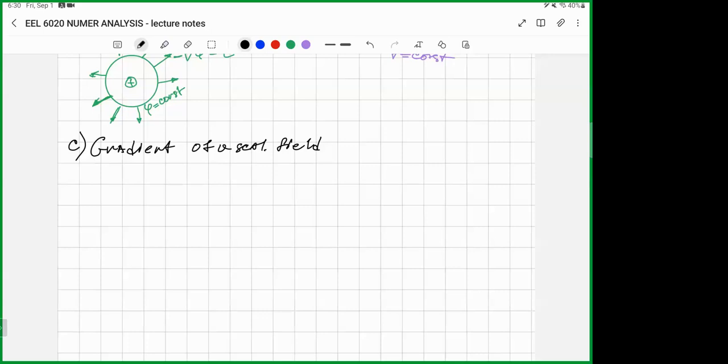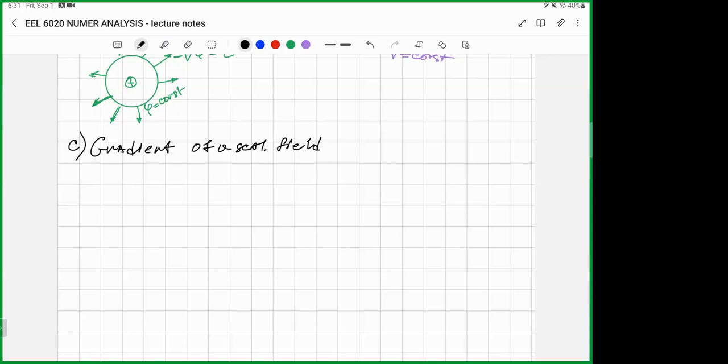In some direction it changes faster. The temperature in my room changes very slowly in the XY direction, in the plane of the floor, but it can change stronger or faster in the Z direction. And the use of gradient in this case is that the gradient indicates the direction of the maximum rate of this change.